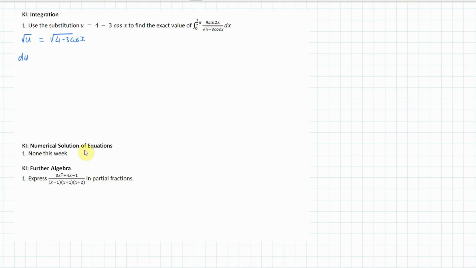We also know that du dx is equal to negative 3 sine x? No, it should be just 3 sine x. And then we can rearrange that, so du equals 3 sine x dx.